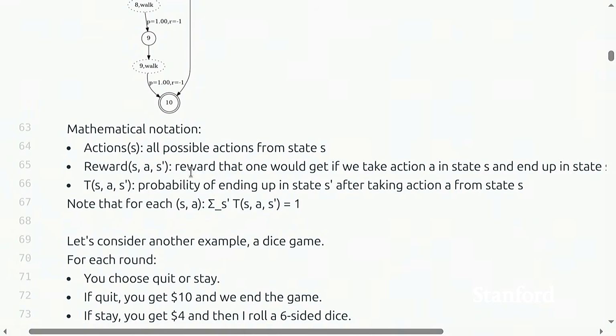These are all more or less equivalent. If I had written a form in this space, I could make it not depend on S prime by introducing other states. I can make a dummy state, transition to that dummy state, and then pick up my reward. So there are games you can play to get the simpler formulation. The reason I do it this way is that it's much more natural to define MDPs, it gives you more flexibility, and it doesn't change the algorithms.